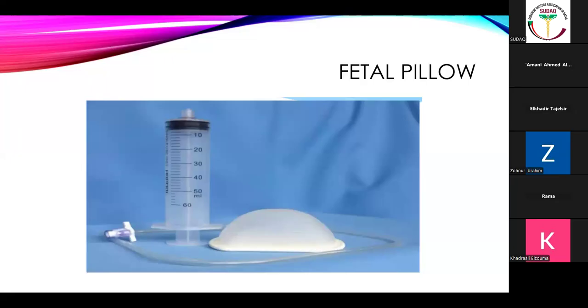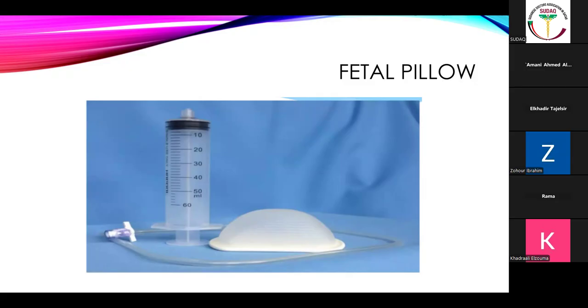You keep your hand controlling it until you start the inflation of the first 60 ml. This syringe always comes with it, and it holds 60 ml of saline. You fill it 3 times, making 180, and once it reaches 180, you will feel the head moving away from your fingers.